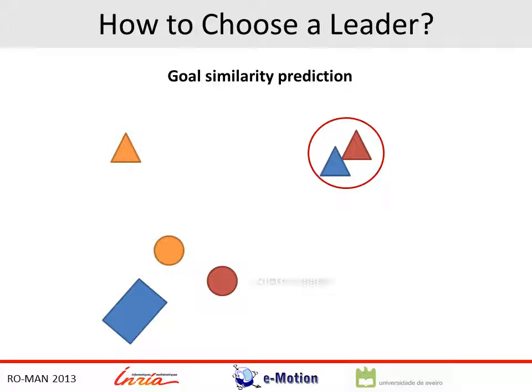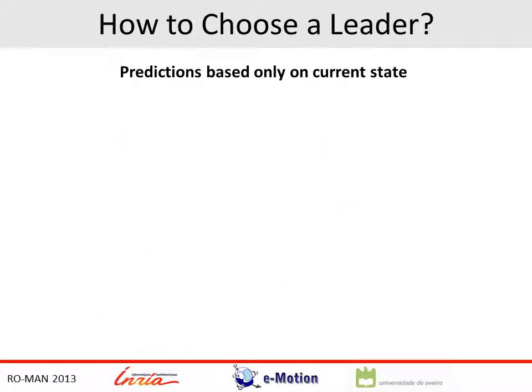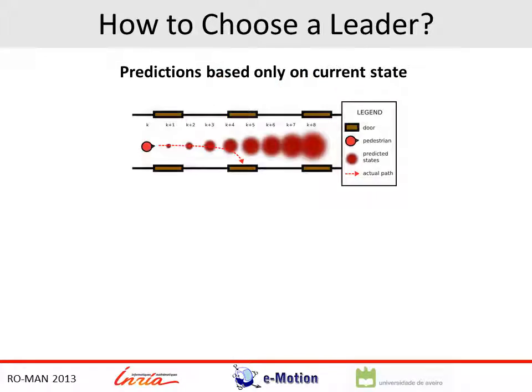So in this case, this agent would be chosen as the leader. As we want to choose a leader based on the goal similarity approach, we must be able to predict the goal of the leader candidates. One form of doing this, and the simplest one, is by extrapolating the current state of someone.